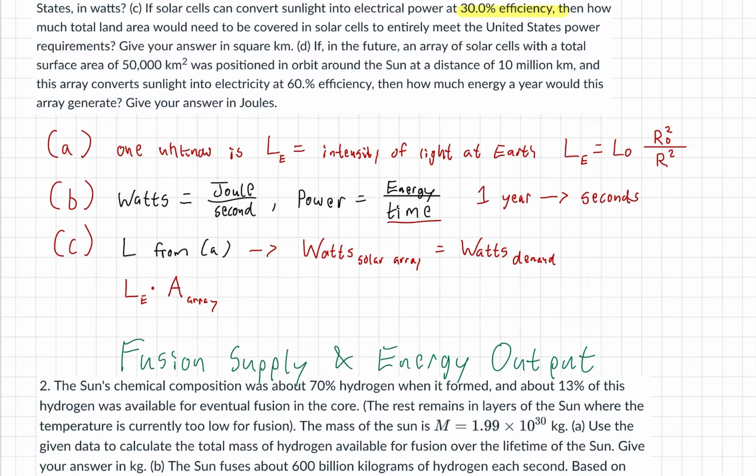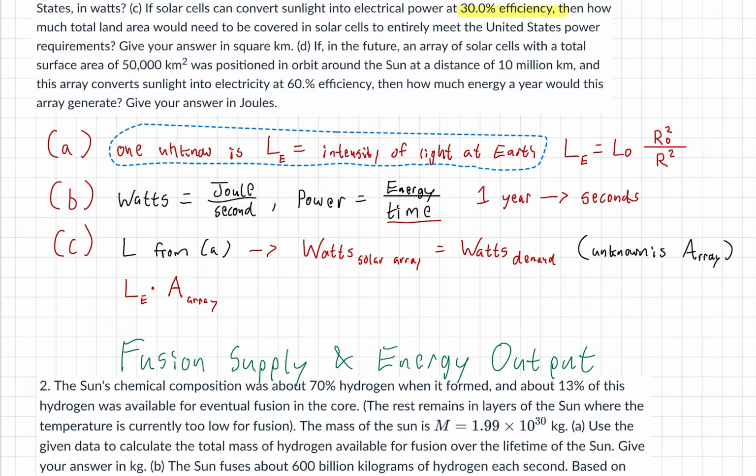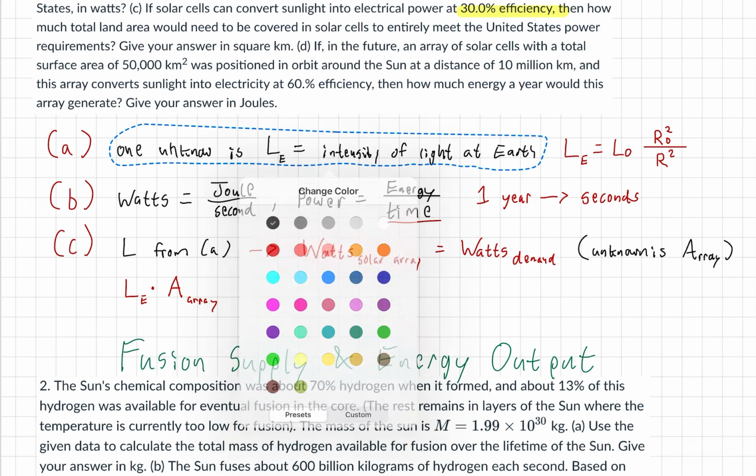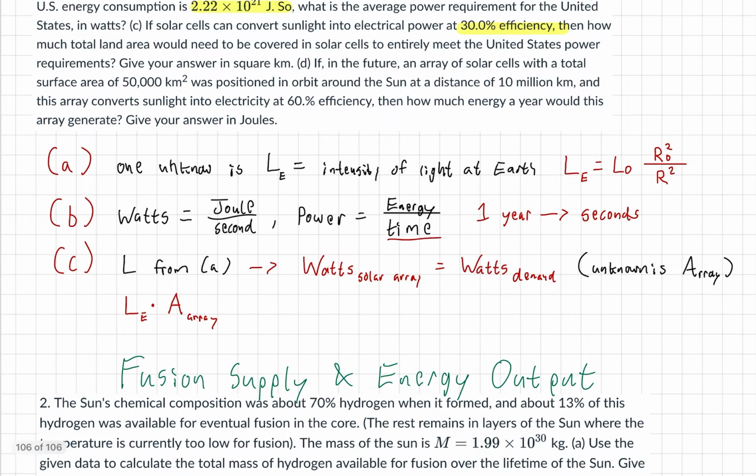All right, so your unknown is that value right there, the area of the array. If you were to stick with the units as given, you're going to have a case where the units will be in, well, square kilometers.